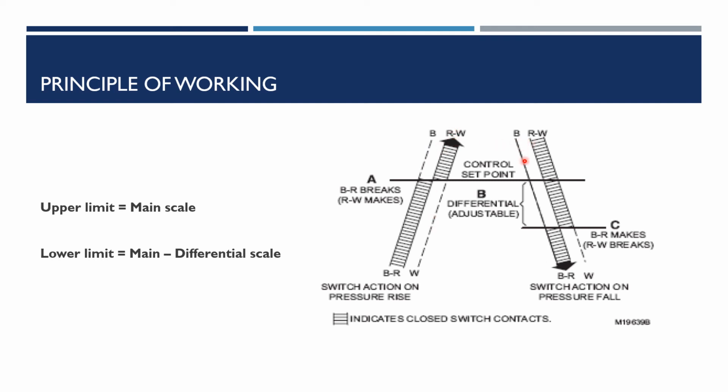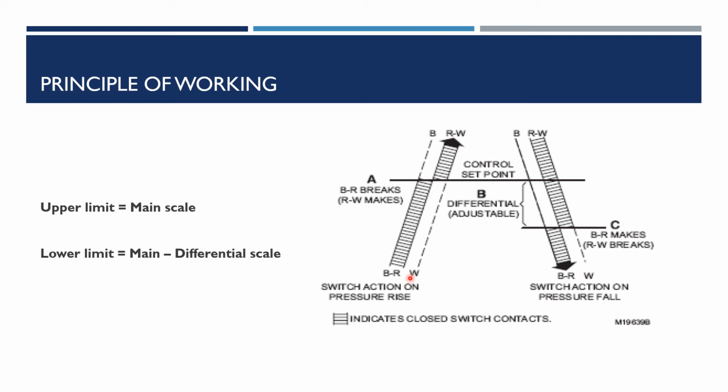Once you want to go back to the original state, you have to decrease until you reach the lower limit. The lower limit, you can set by finding the difference between the upper limit, 45, minus the differential, which is 25 in our case. So if you decrease it until you reach the lower limit, which is 20, then this terminal is going to go back to its original connection, which is normally closed, and the reverse way for the normally open.